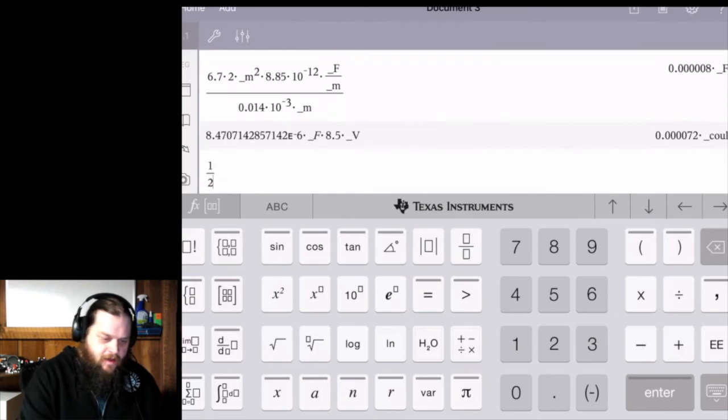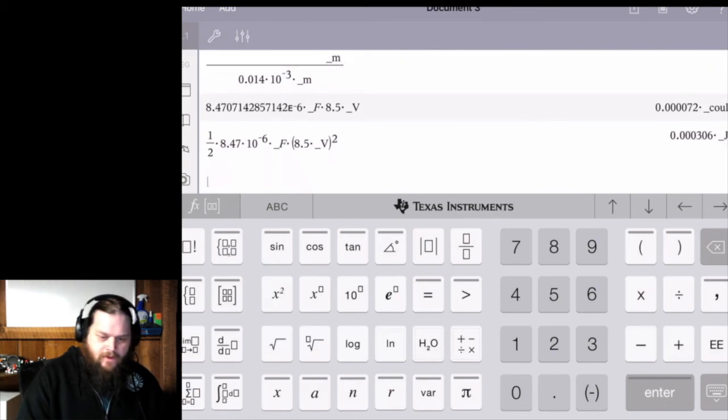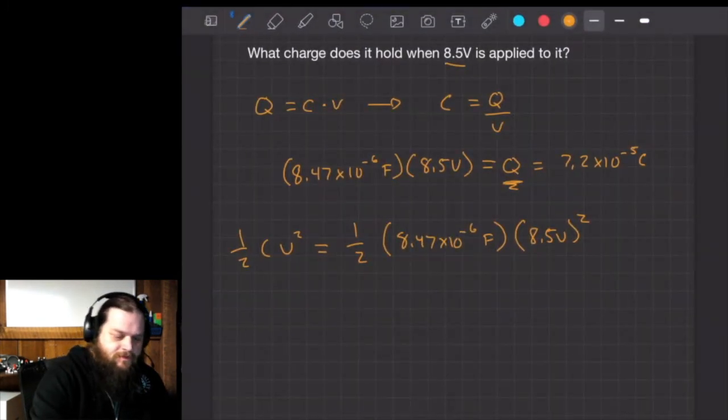That should give us the energy, which is 3.059 times 10 to the negative 4 joules.